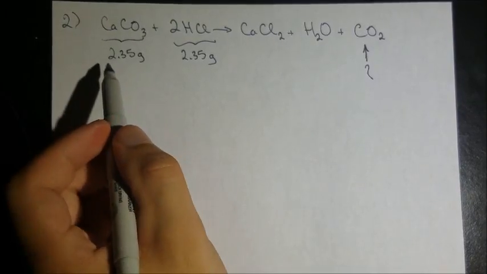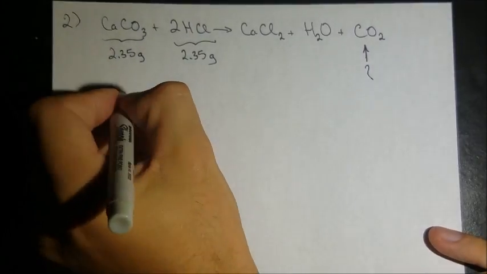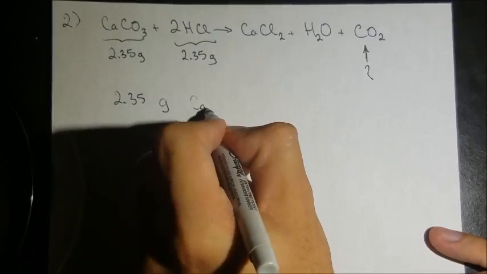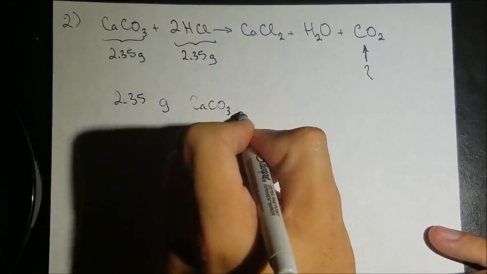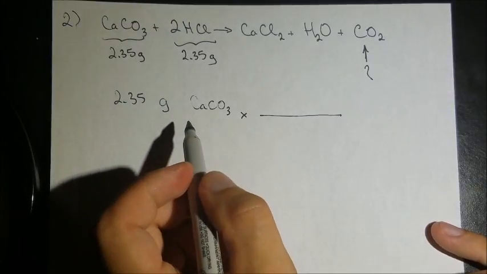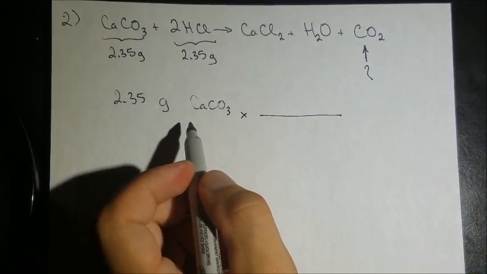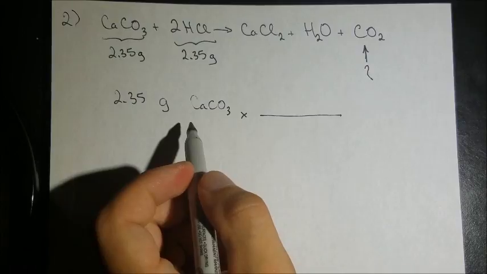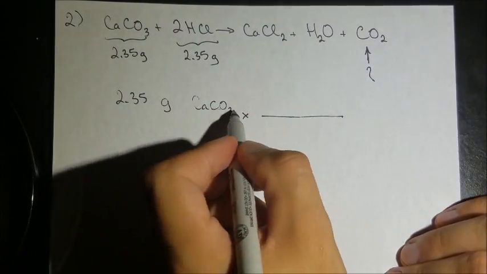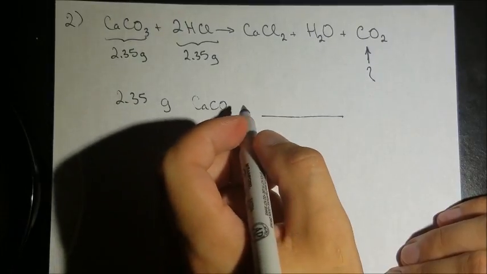So in this problem, we've got 2.35 grams of calcium carbonate. And what we have to do is convert this into moles. So in order to do that, we just have to visit the periodic table and look up what the molar mass of calcium carbonate would be.